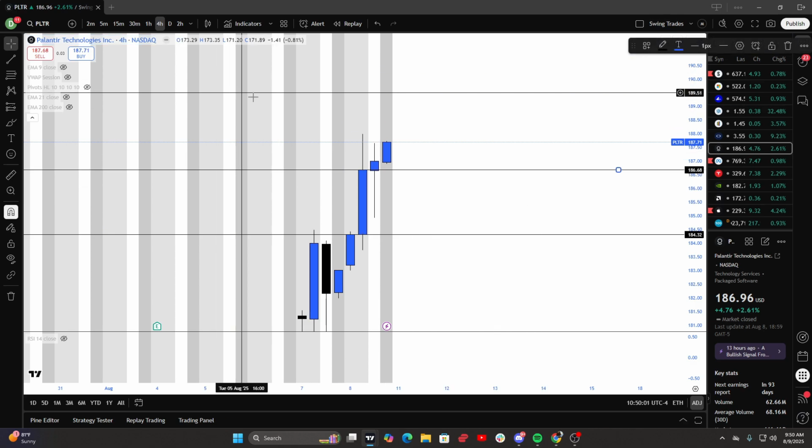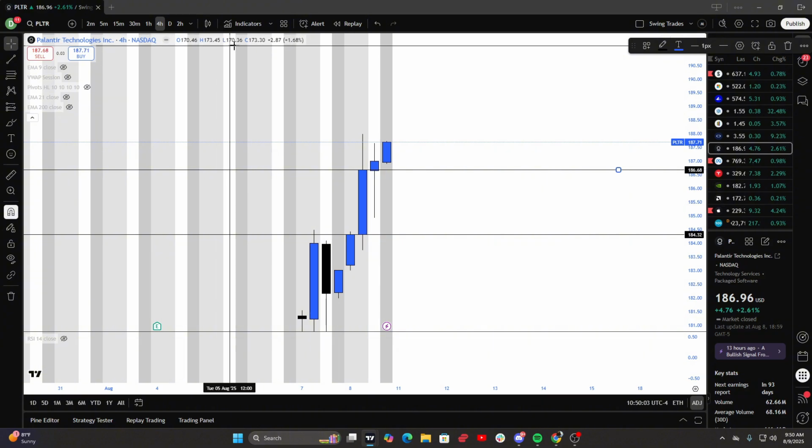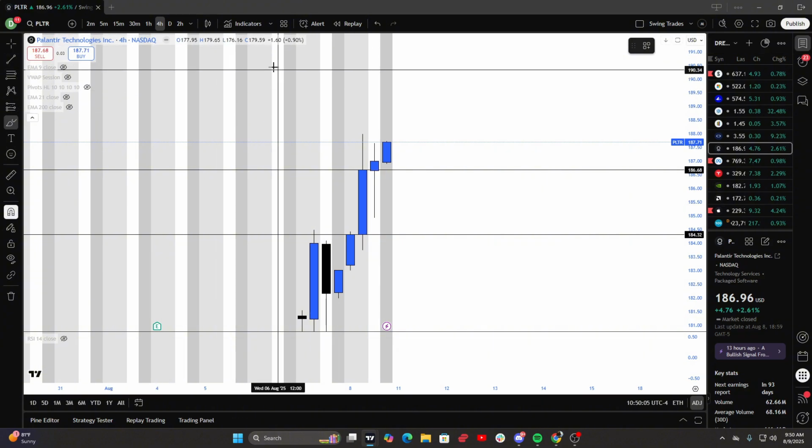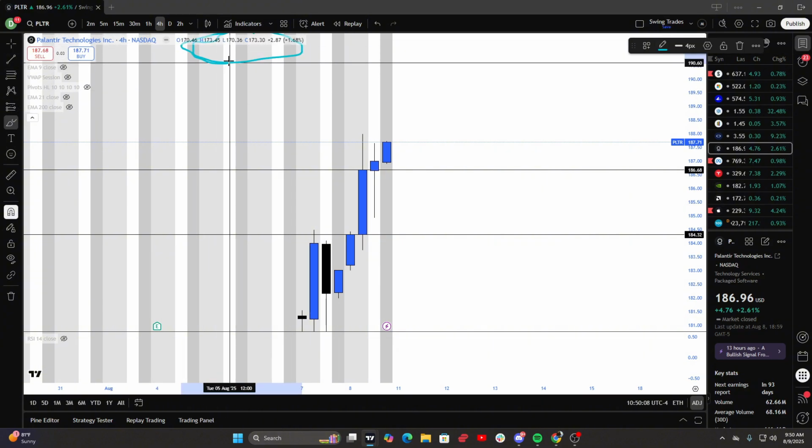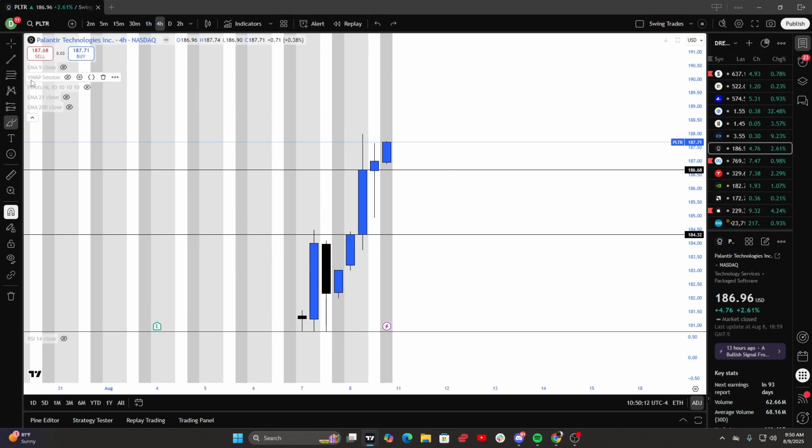I can tell if you look at the top of my screen right here, that this shows me what the candle did, if you didn't know that. So the high of this candle was 187.99.